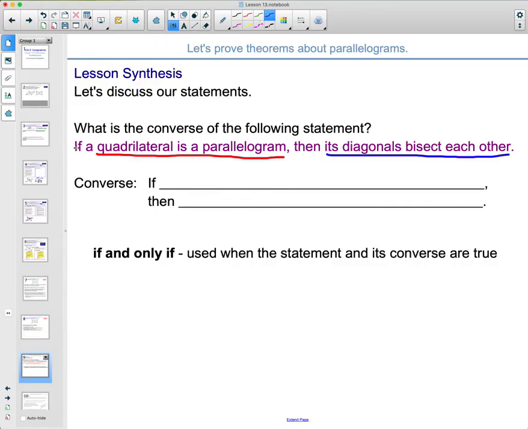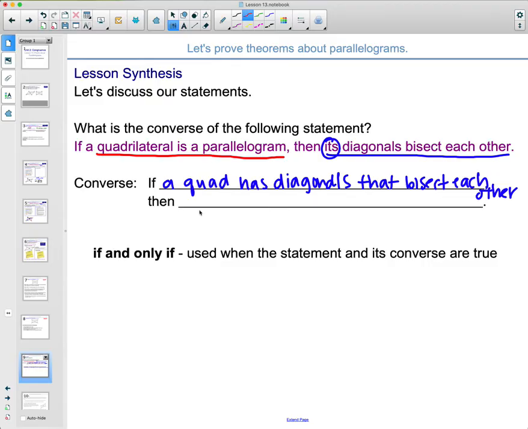So instead of saying if a quadrilateral is a parallelogram, then diagonals bisect each other, we would say if a quadrilateral has diagonals that bisect each other, then it is a parallelogram.